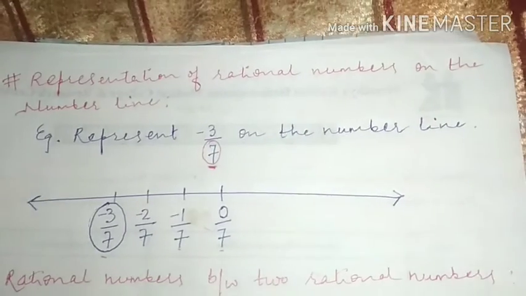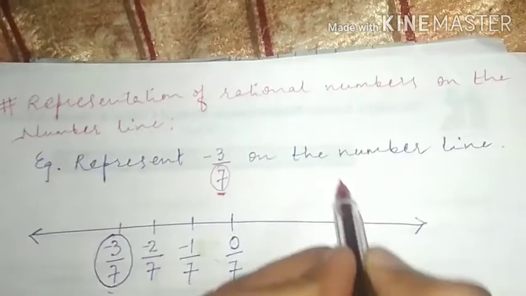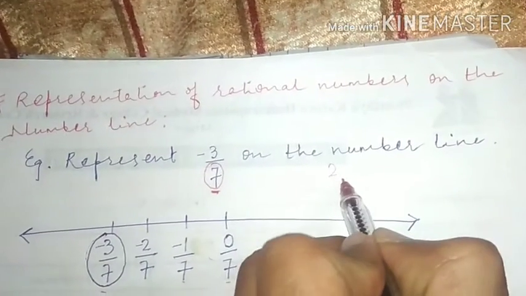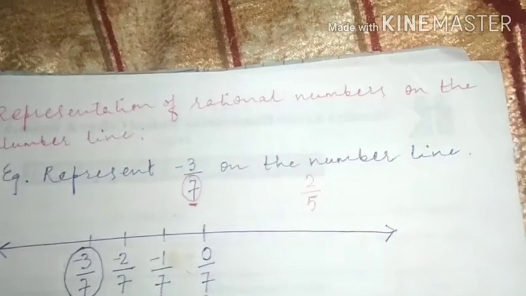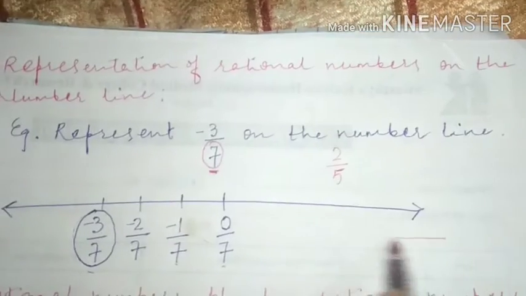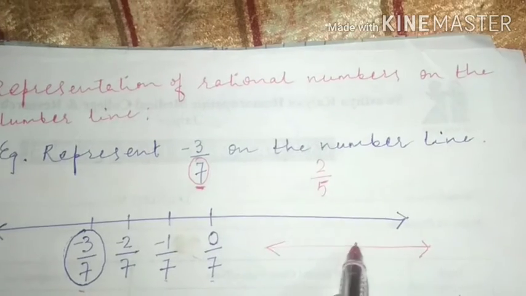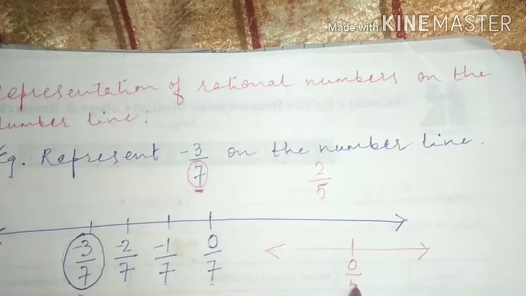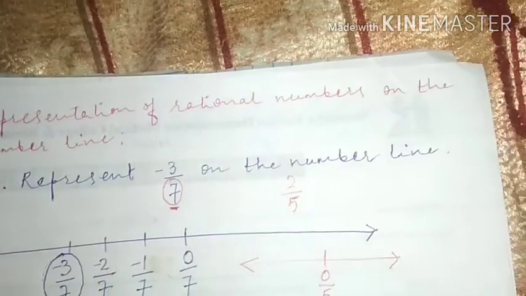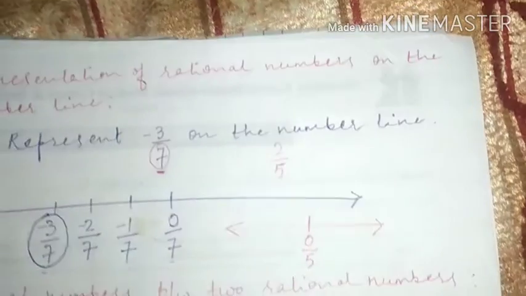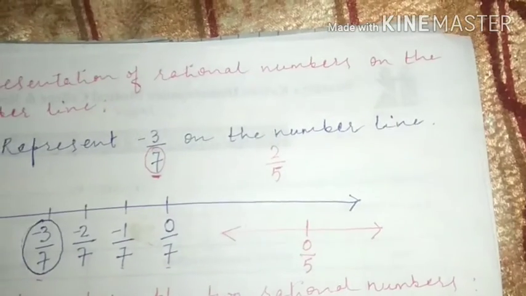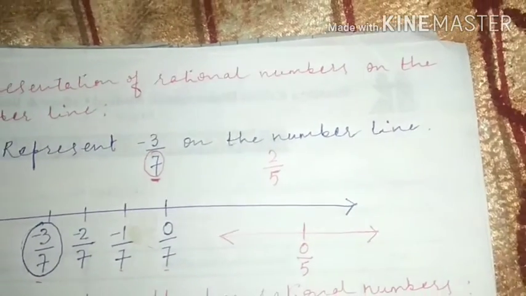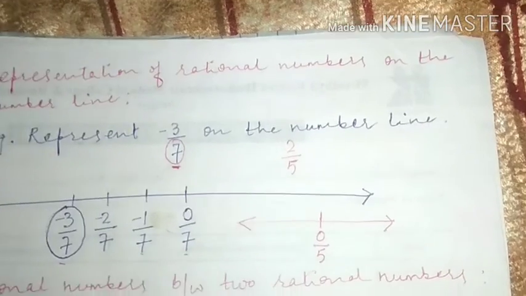You can take another example, like let's take 2/5. So how will you write 0 on the number line? Just write this 0 as 0/5, and then move to right of 0, we get 1/5, and then we get 2/5, don't we? So the basic concept is that you are to write 0 using the denominator of that rational number.